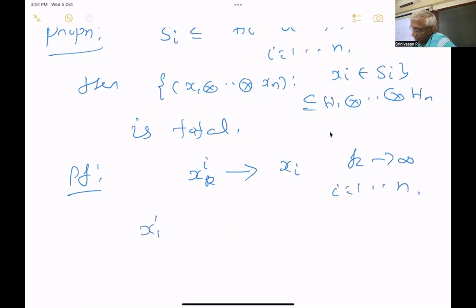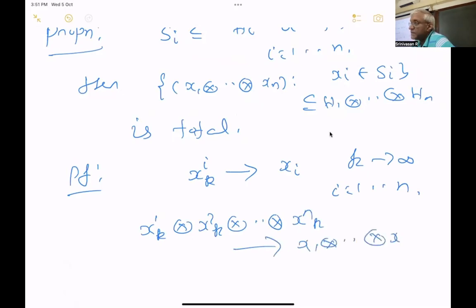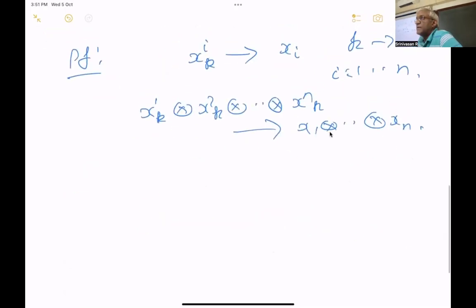Then X1k tensor X2k tensor up to Xnk converges to X1 tensor up to Xn. It is just that the product is continuous. That you can verify for 2, for example. This converges to this as k goes to infinity.